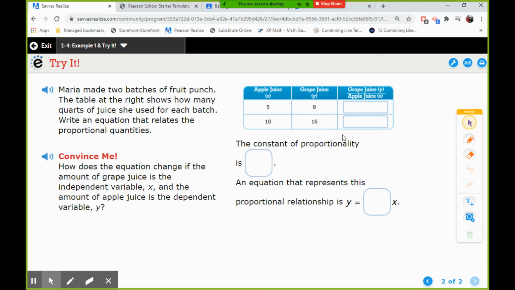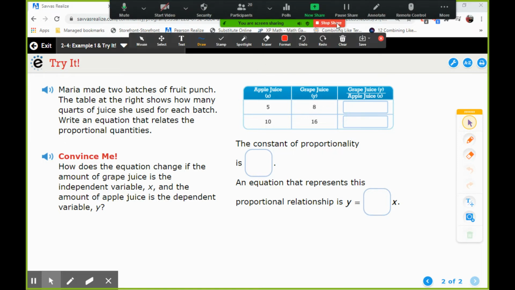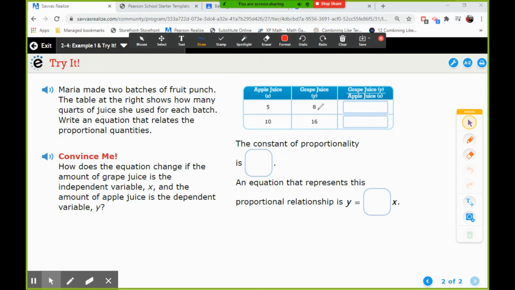So in this instance, you're just showing what they have, y over x. So here it would be y, which is 8, over 5, 8 over 5, y over x. Same thing here, it'd be 16 over 10, which would reduce down to 8/5. So the constant of proportionality is 8/5.